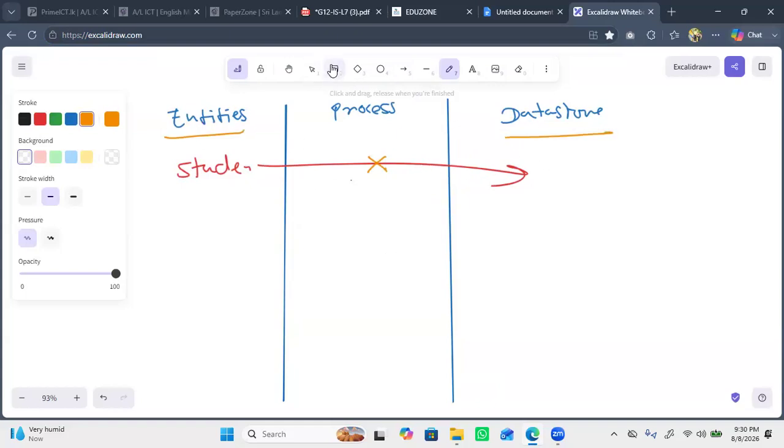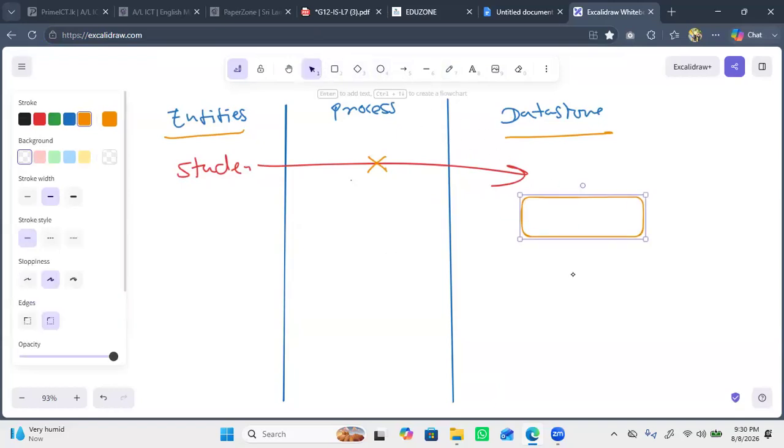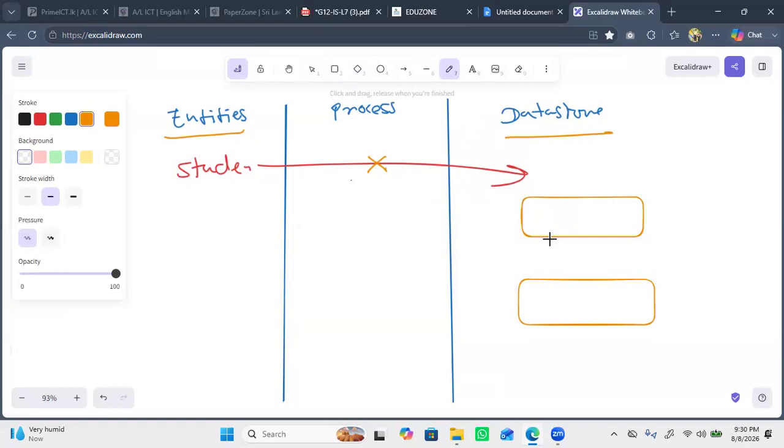Then another thing which cannot be done. You have one data store and also another data store, separating two separate sets of data. Can data in one data store directly transfer to another data store?